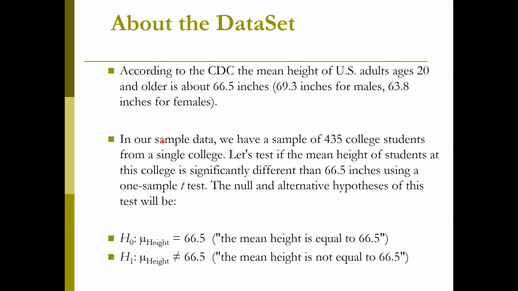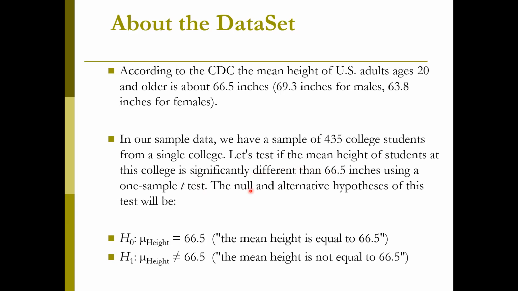So in our data set, we have a sample of 435 college students from a single college. And then based on that, we are going to test to see if the mean height of the students in this college is statistically significantly different from the 66.5 given to us by the CDC using the one sample t-test.